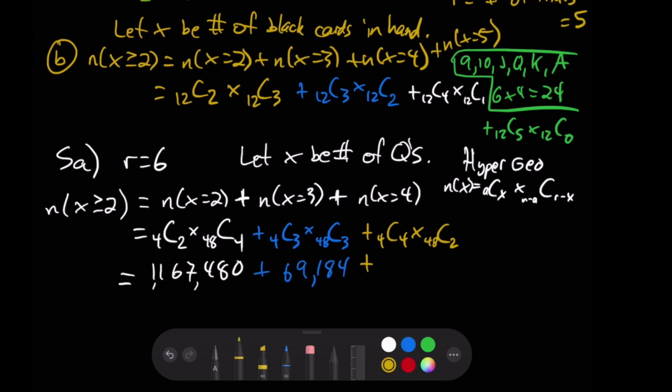And finally, 4 choose 4. It's only one way to do that. And 48 choose 2 is 1128. And if we graciously add all those numbers together, 1,167,480, 69,184, 1128, we are going to get a total of 1,237,792 different ways of selecting a hand in cribbage with at least 2 queens.